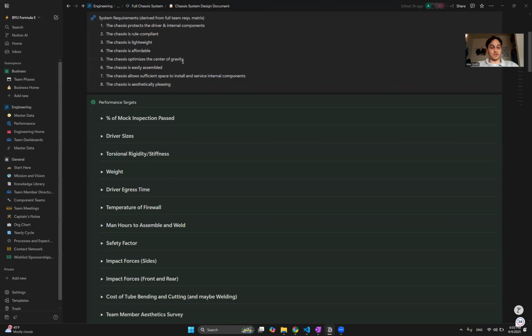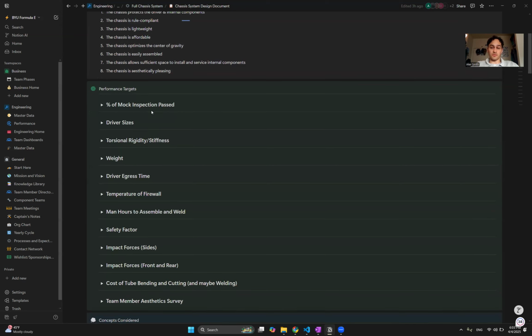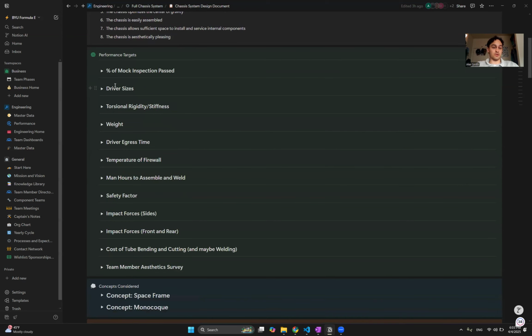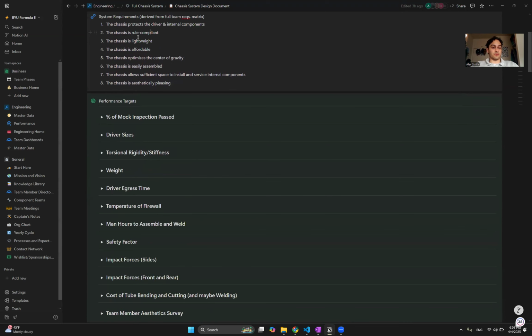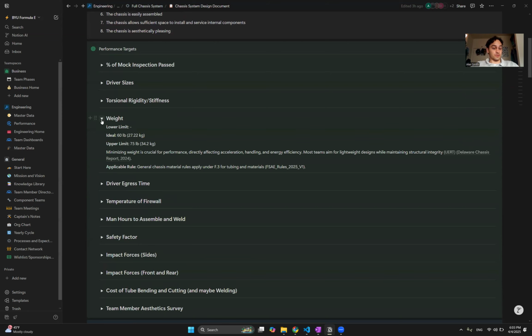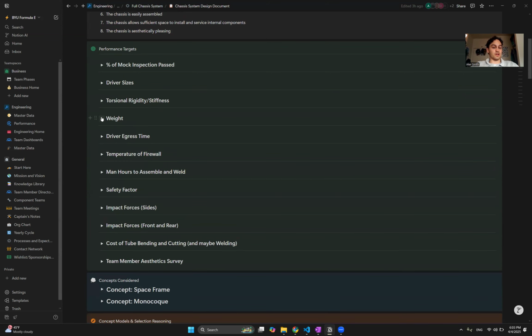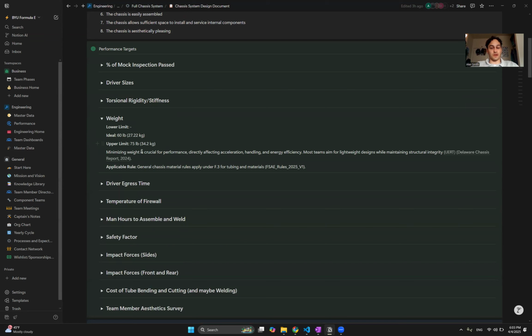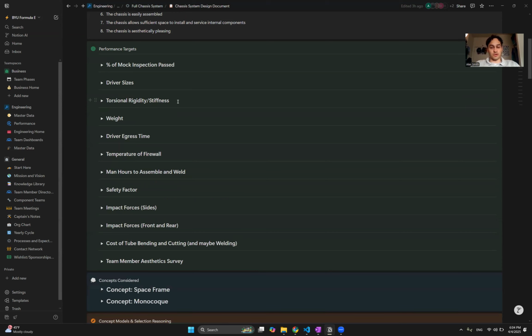And then for each of these requirements, one or more of these performance targets are tied to that. So, for example, for the chassis being lightweight, we have the weight here. But torsional stiffness could be tied to that. So these are quantifiable amounts of some kind of metric that helps us determine whether or not our car is meeting our design requirements. So this is a crucial part. This is what we can say when we get to the design competition.